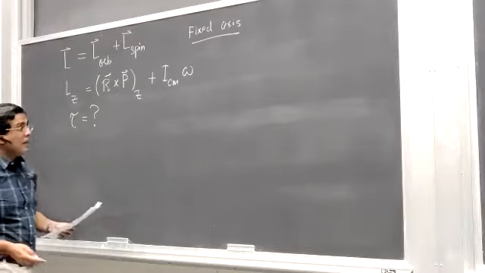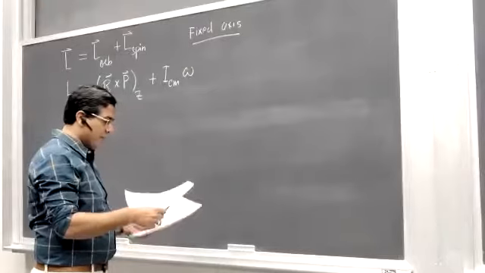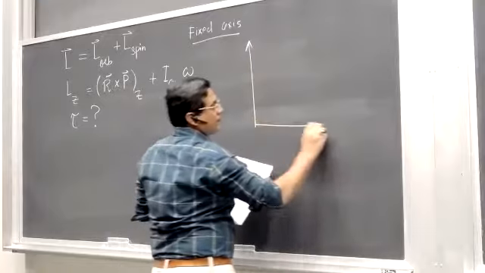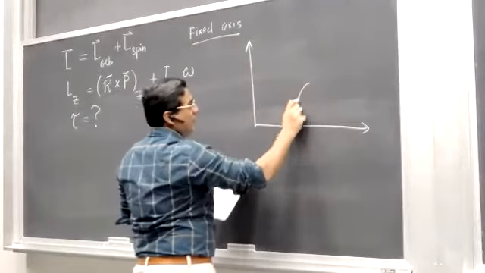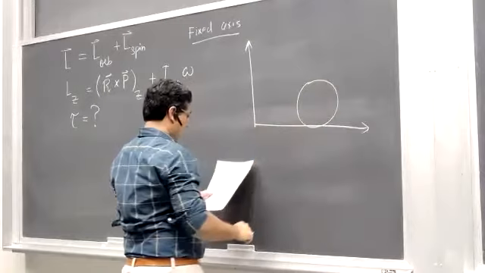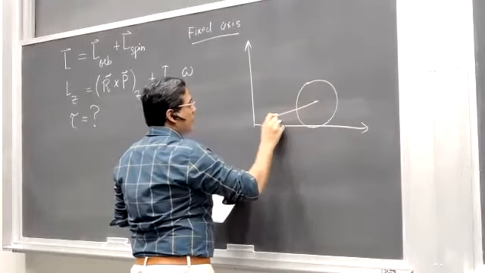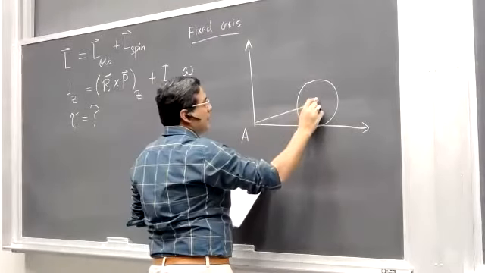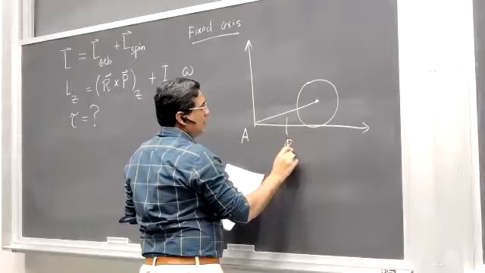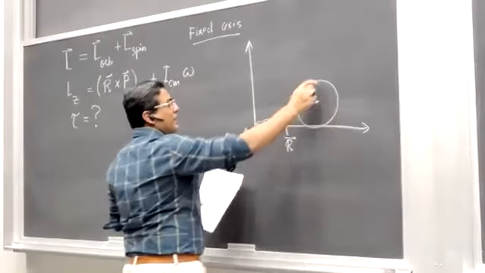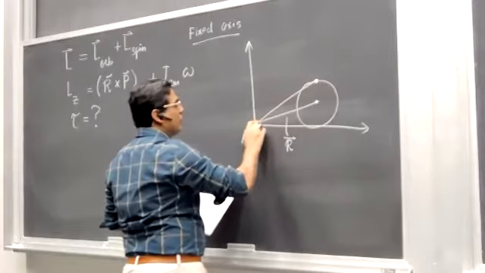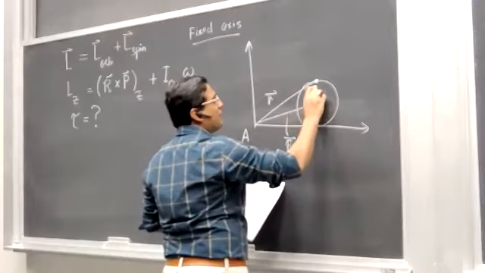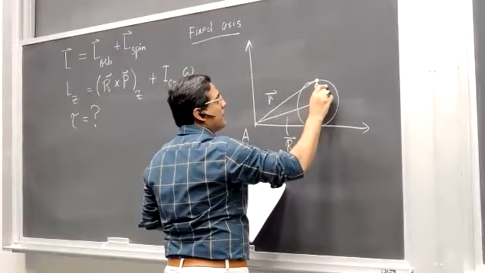So let's just consider an example. Let's say that we have a disk, and the center of mass coordinate with respect to this stationary origin coordinate system A is R. Then we take a point on this disk whose coordinate in this stationary coordinate system is r, and in the center of mass frame the coordinate is r prime.